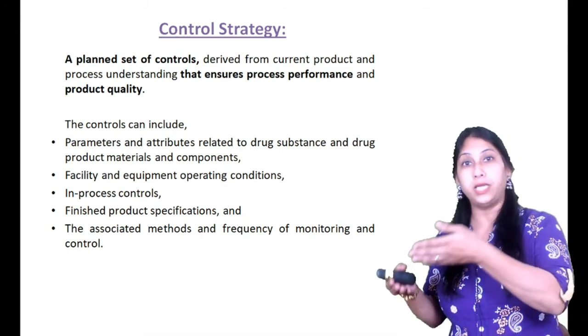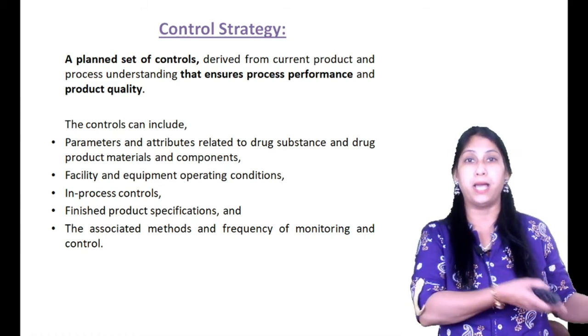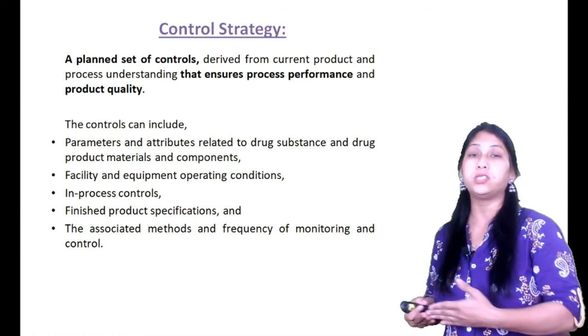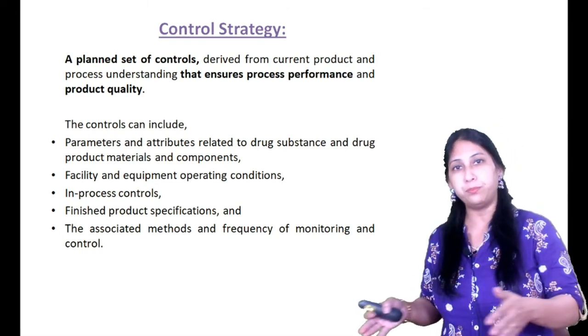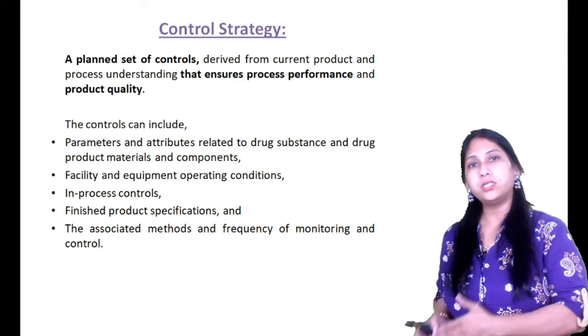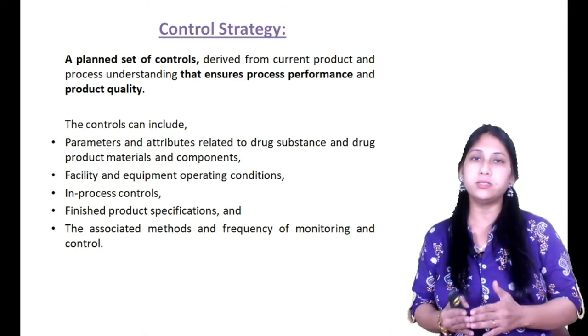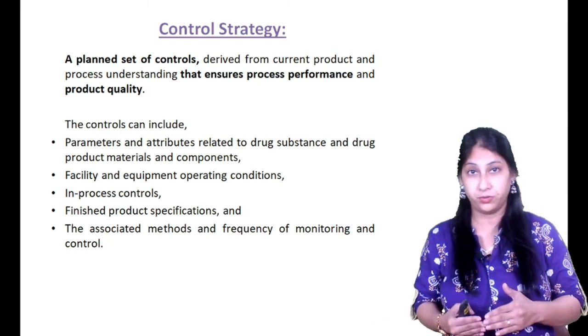This includes the API, or we can say drug substance, all the excipients, even the packaging components. It also includes facility and equipment operating conditions, all the in-process controls, finished product specification, and all the methods associated with monitoring and controlling and the frequency of the monitoring.